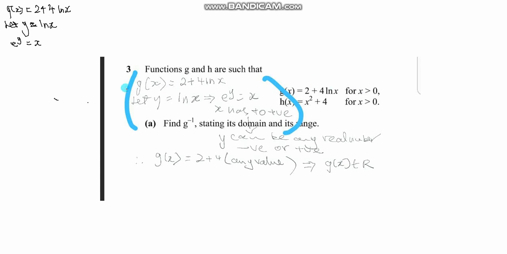Now, if you look carefully, when x is very close to 0, the curve will either go up this way or go down this way.